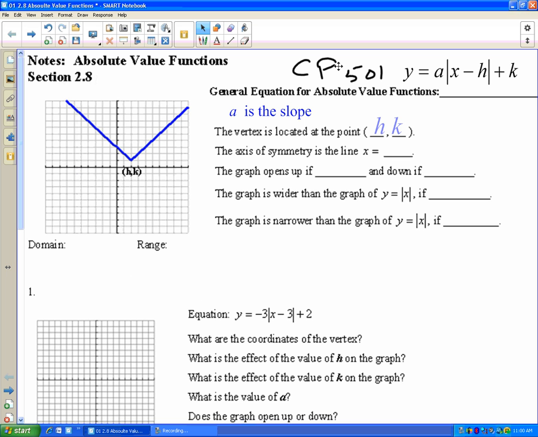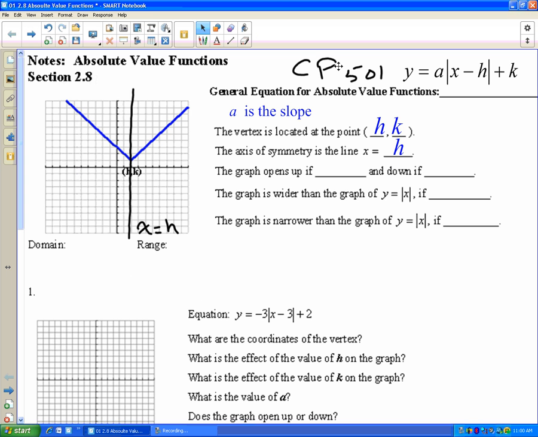The other nice thing is I have an axis of symmetry, which is x is equal to h. So I have a line that goes straight down like this at x equals h, and that's my axis of symmetry. I'm going to move that up a little higher. x equals h.